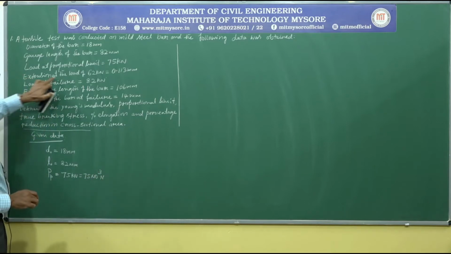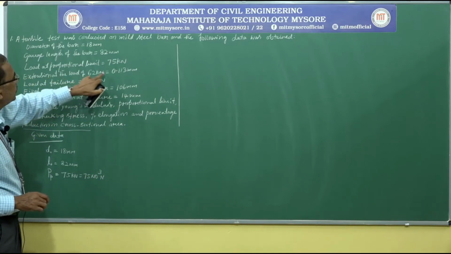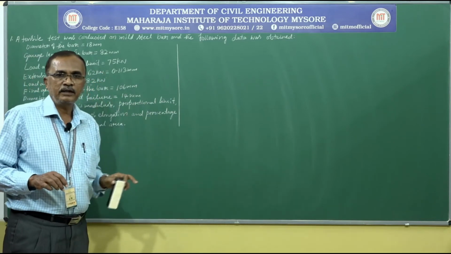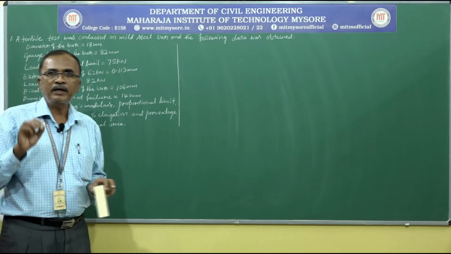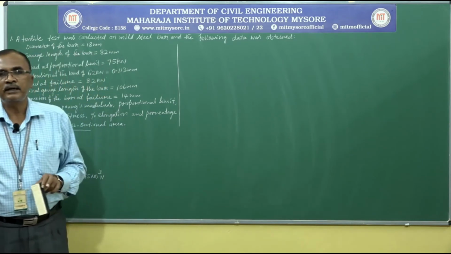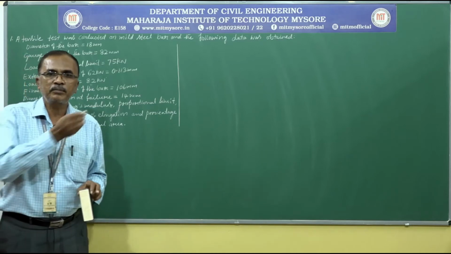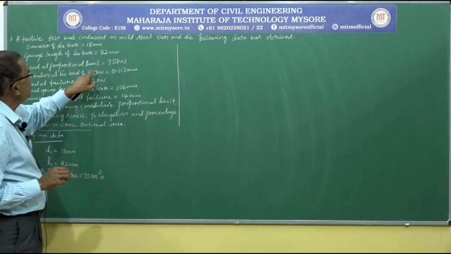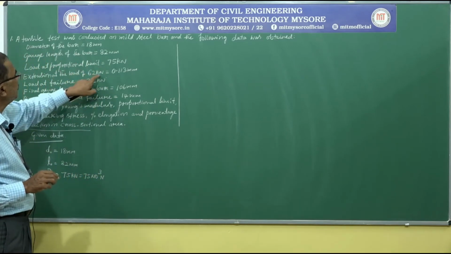Next, extension at the load of 62 kilonewton. So we apply the loads gradually. At every increment of load, we record the corresponding extension during the tension test. And one such incremental load is 62 kilonewton.